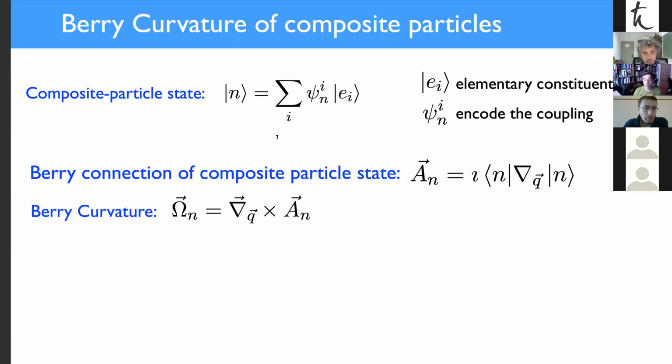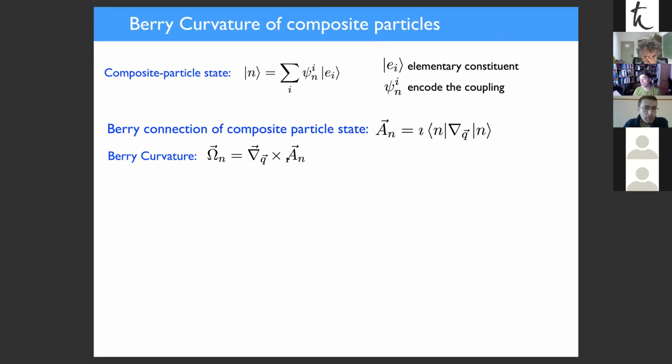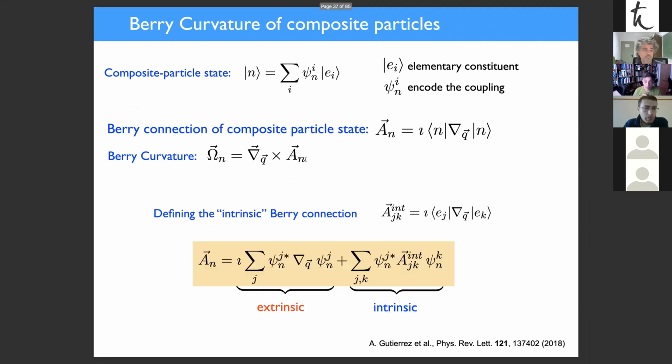So when you compute the Berry connection or the Berry curvature of one particular mode, one particular band n, you get two contributions, one that comes from the derivative of the coupling and one that comes from the derivative of the wave function of the constituent. So you have some extrinsic contribution that comes from the coupling and some intrinsic contribution that reflects that the constituent is already a composite particle.